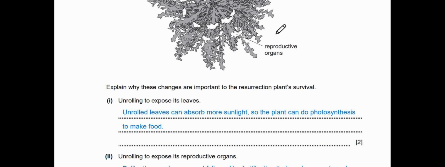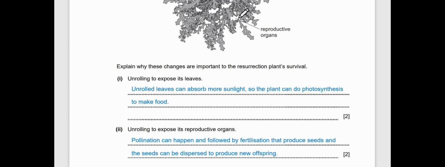Reproductive organ is to reproduce. So we can answer, you can see here there is a flower, so pollination can happen on the stigma, followed by fertilization that produces seeds, and the seeds can be dispersed to produce new offspring for reproduction. That is for this question.